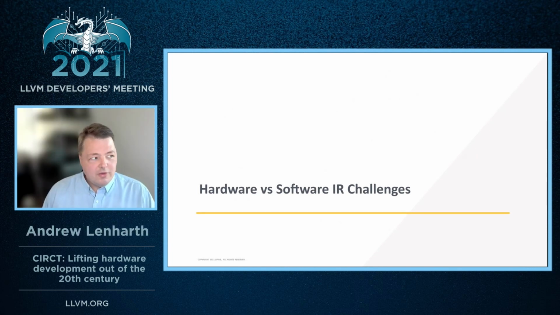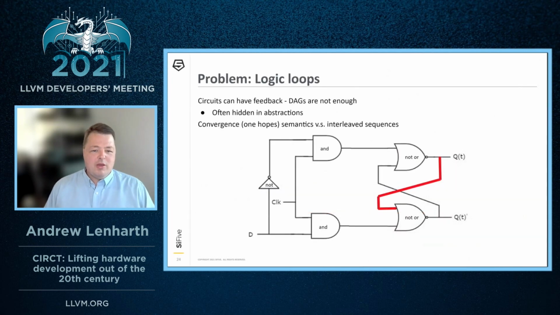Yes. So fundamentally, hardware isn't software, and that impacts the IRs for compilers in some interesting ways. We'll talk about a few of them. The first one is execution model. Right? Fundamentally, hardware is based on this convergence of electrical signals, not on atomic operations that are interleaved in some order.